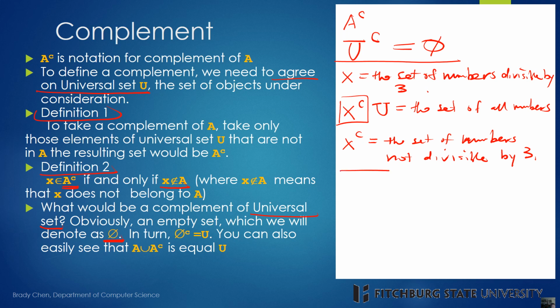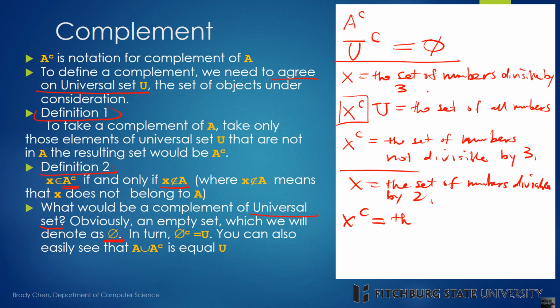Okay. Now again, if X is the set of numbers divisible by 2, what is the complement of X? It's the set of numbers not divisible by 2, right? That's definitely correct.